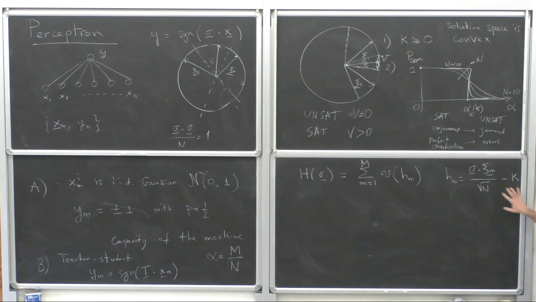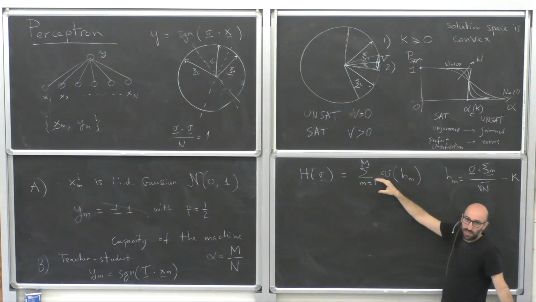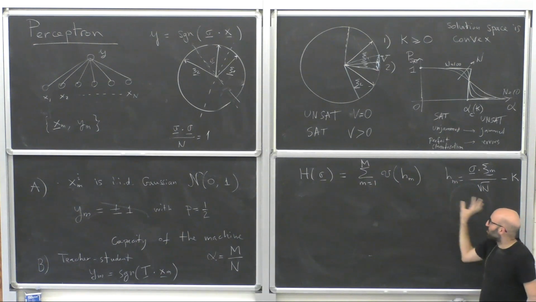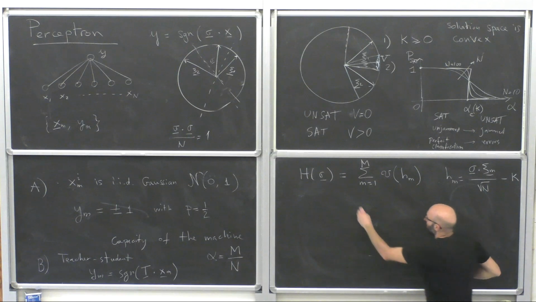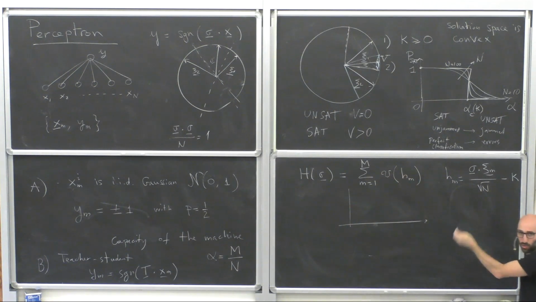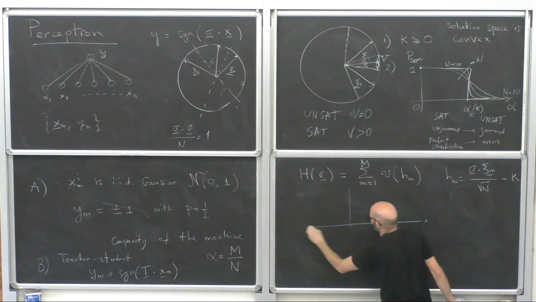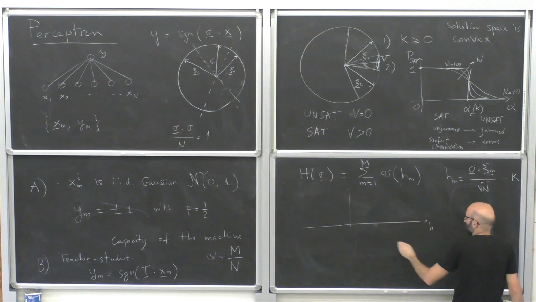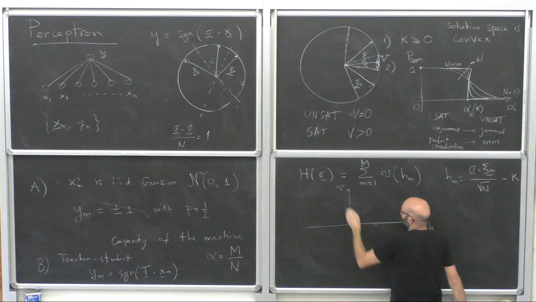So my constraint is that I want HM to be positive. What I will do, as I did for the coloring, is put what is called a cost function or loss function, whatever you want to call it. That is a potential, and it is 0.